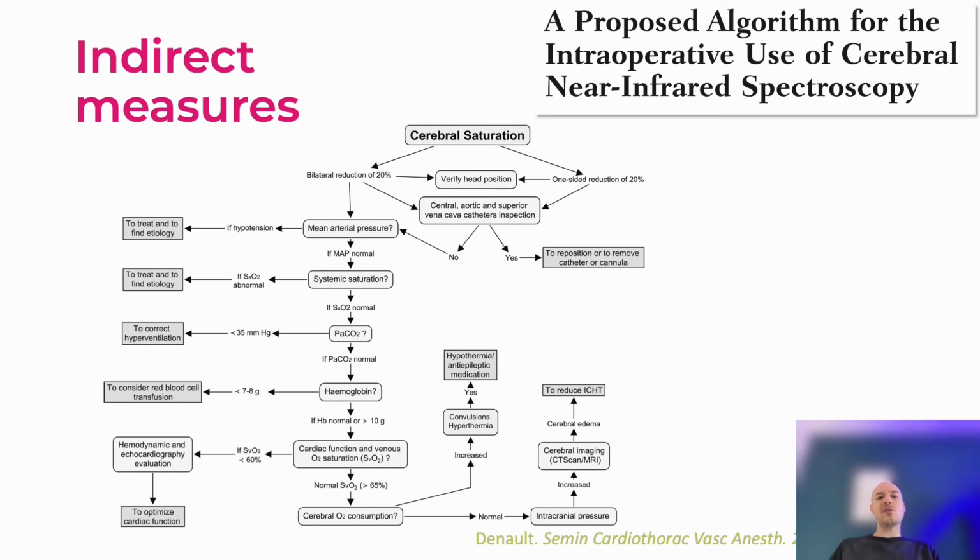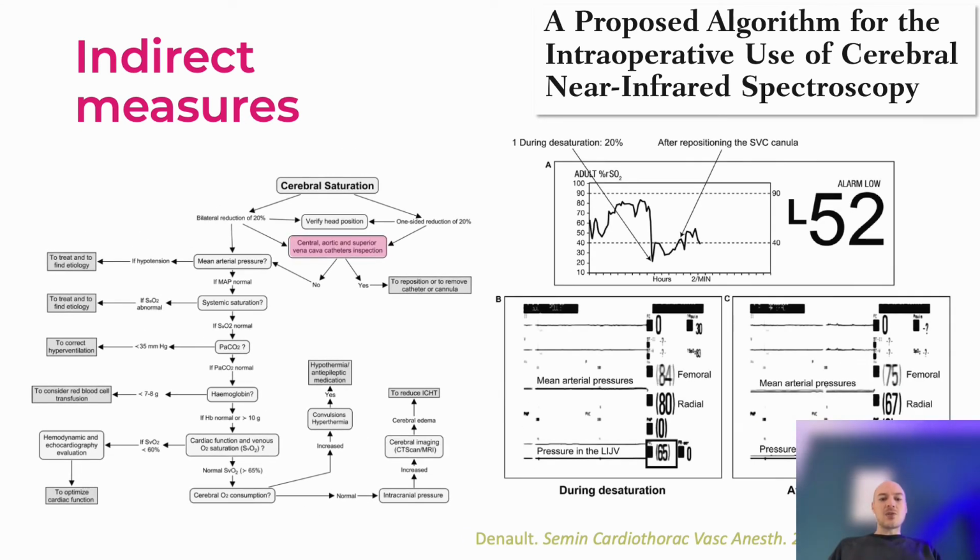And it is known for a long time in the field of cardiac surgery that obstruction to the venous flow is the first thing to check in case of cerebral desaturation, and reposition the cannula eventually.